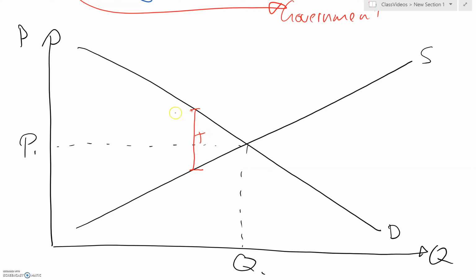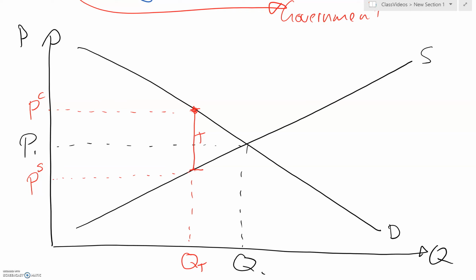What we can read off here is the intersection of our quantity with the tax. This point up here is the intersection with the demand curve, so that must be the price consumers pay. And then down here, we have the price sellers receive.